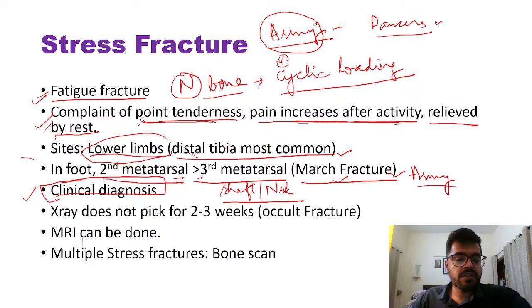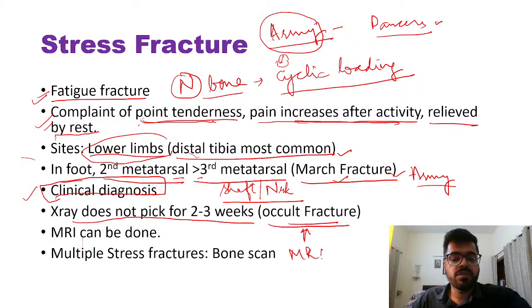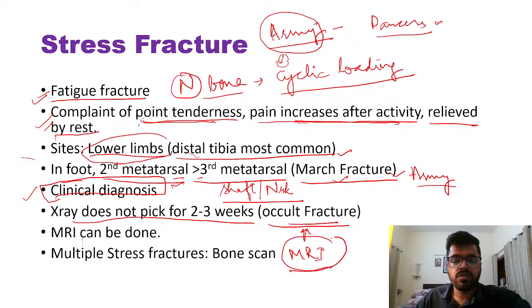The diagnosis is clinical because X-ray usually does not pick it up for 2 to 3 weeks. It is an occult fracture, so we will need an MRI to pick it up. If we have any doubt in clinical diagnosis, we can go for an MRI to confirm the diagnosis of an occult or a stress fracture.